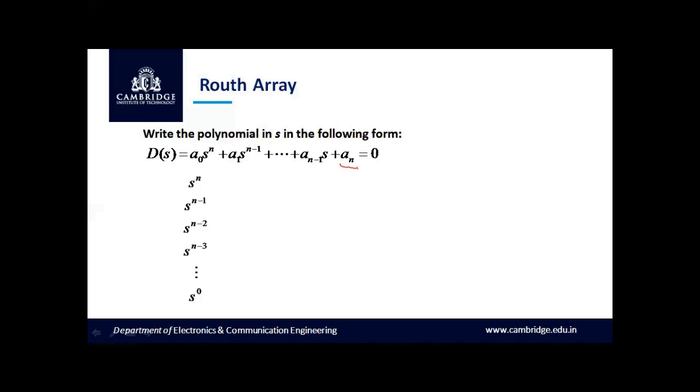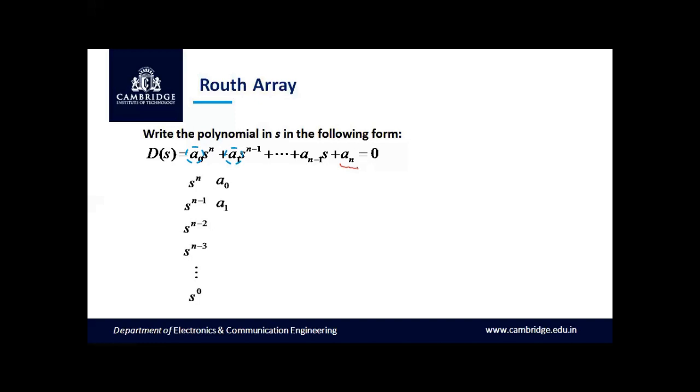Now we can arrange the coefficients of the characteristic equation in the first two rows as follows. The coefficient of s to the power n is a0 and can be written here against the first row as the first element. And immediately we have the coefficient of s to the power n minus 1 as a1, which has to be written immediately below the first element.